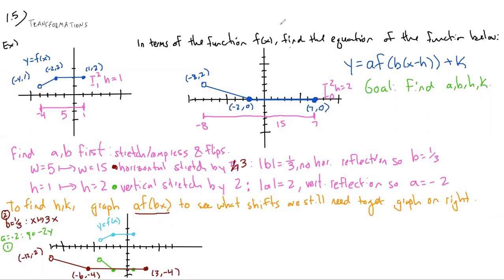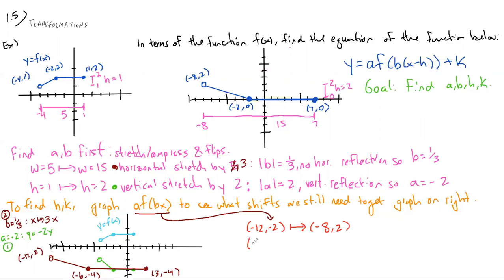And so what we can do now is just see what is happening to all these points to get to the new points. So my open dot here, if I go from this graph here, is at -12 and -2. And it's got to turn into the open dot at -8 and 2.